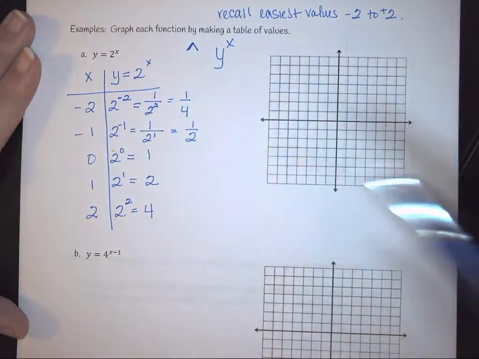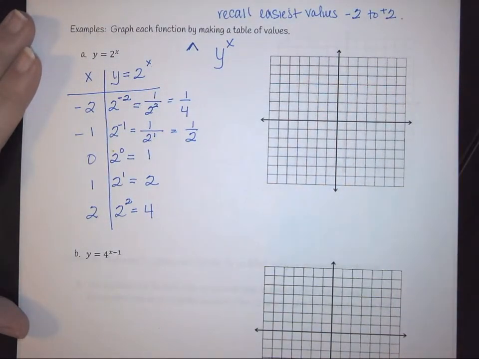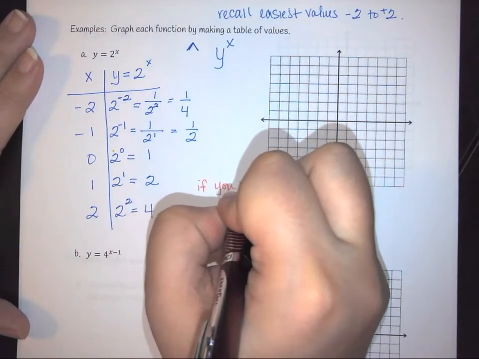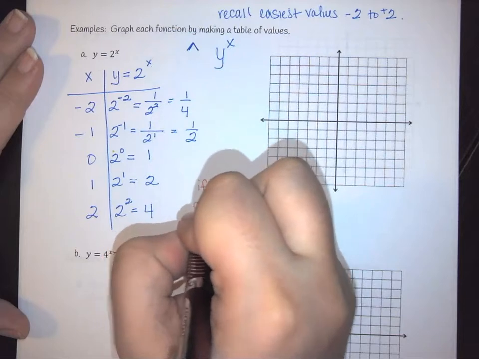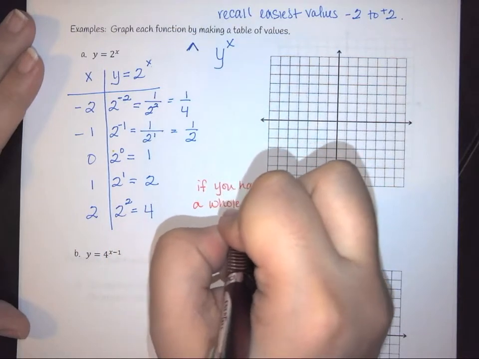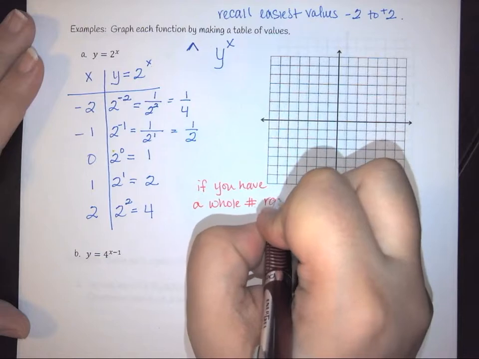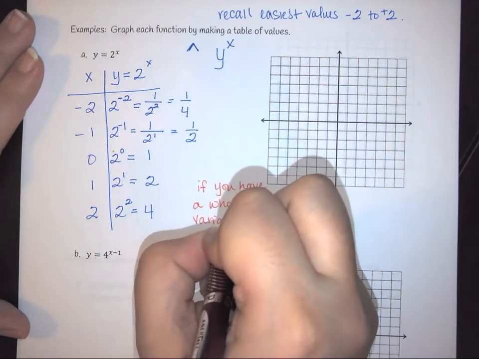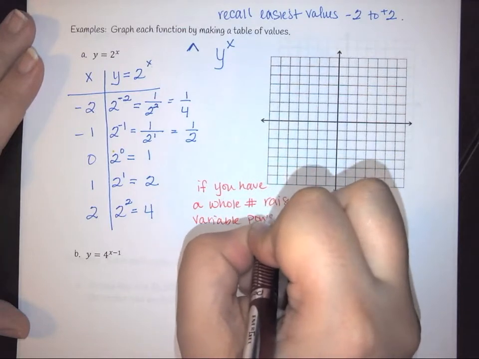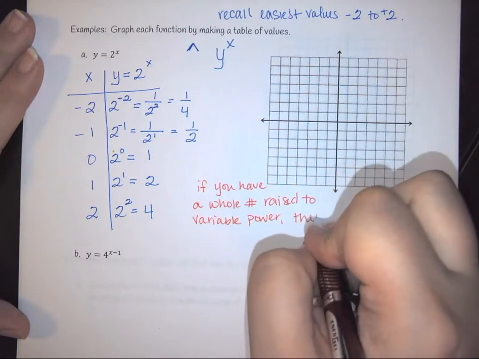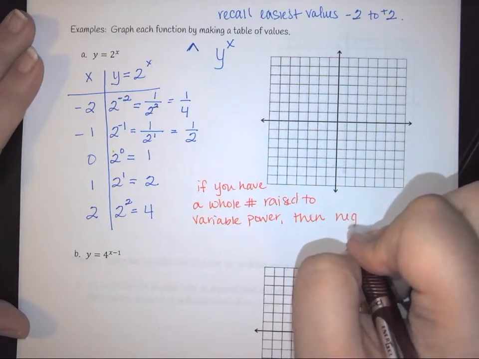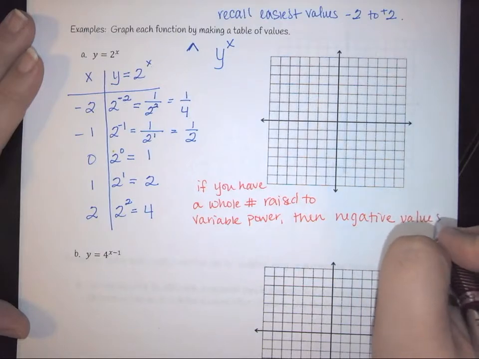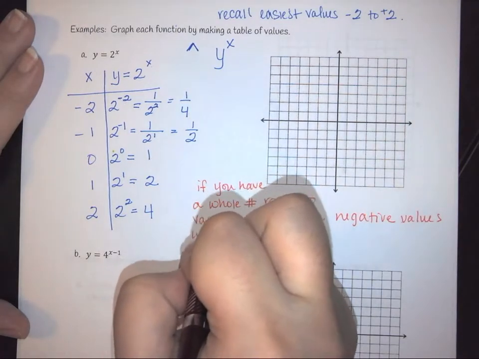So what you should notice here is that if you have a whole number raised to a variable power, then your negative values will give you fraction results.